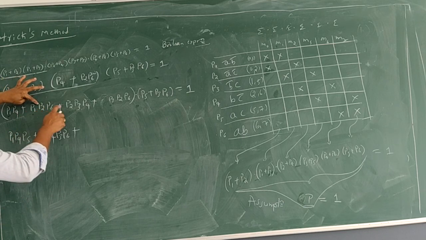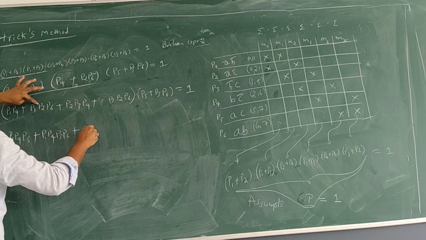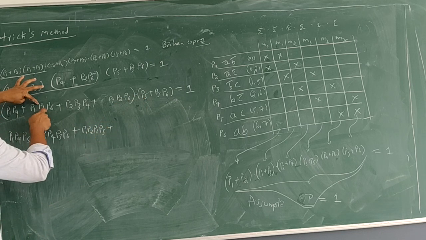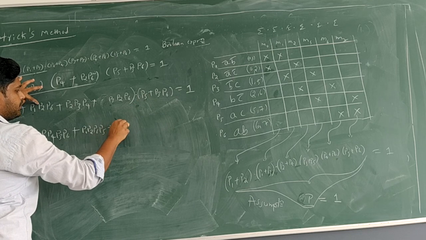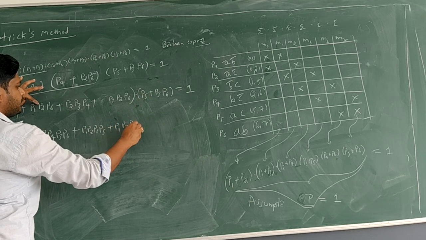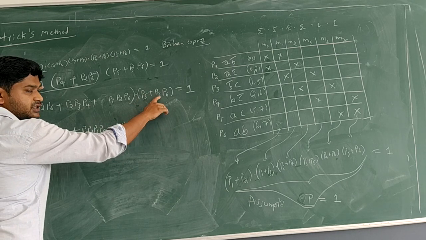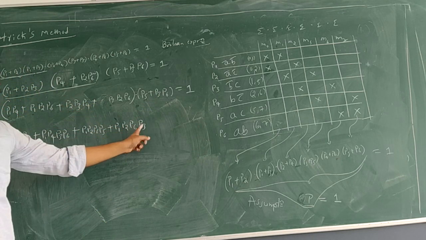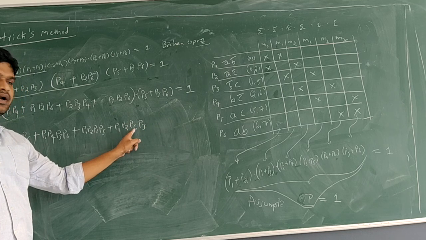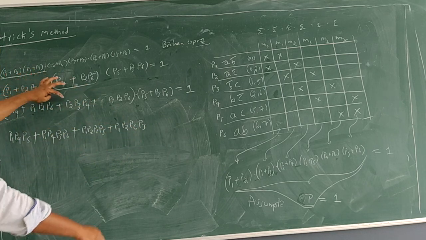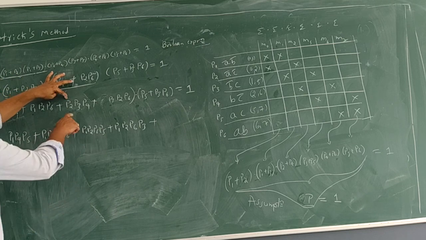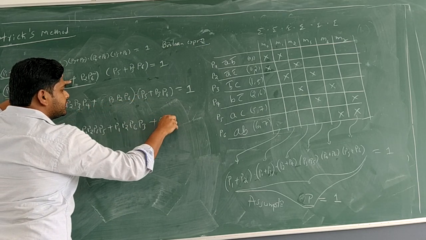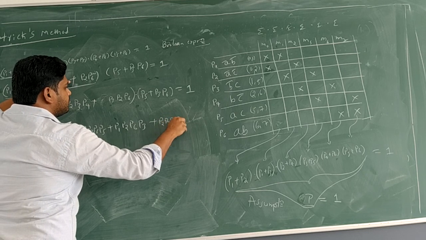Now 1 2 6, P1 P2 P6 P5 plus 1 2 6 3 6, P1 P2 P6 P3 P6. See, P3, okay, P6 will be written, that's why I am writing only once. Now plus 2 3 4 into 5, P2 P3 P4 P5.